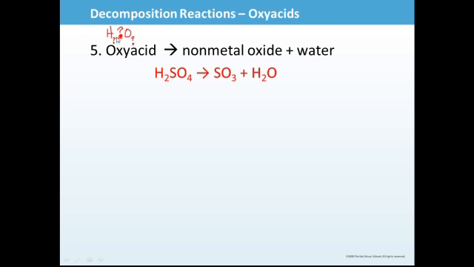So you're going to have 3 elements. Okay, see your hydrogen. You're going to have your mystery element. It's going to be some nonmetal, sulfur, phosphorus, anything like that. And then you're going to have oxygen. So you're always going to have hydrogen. Your middle element's going to be a nonmetal, and then you're going to have oxygen.